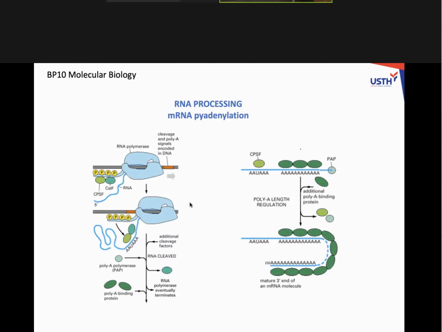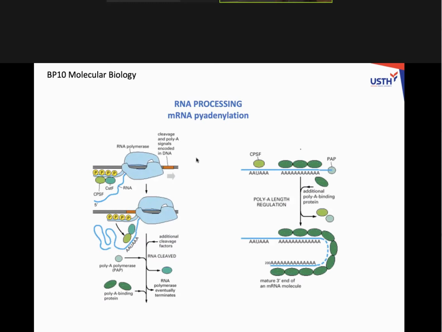So the polyadenylation. We started with the capping at the 5' end, now the other end, the polyadenylation. So you see, we start with exactly the same thing, and I need to explain two key features in this slide. First, the polymerase is synthesizing RNA and arrives at the end.